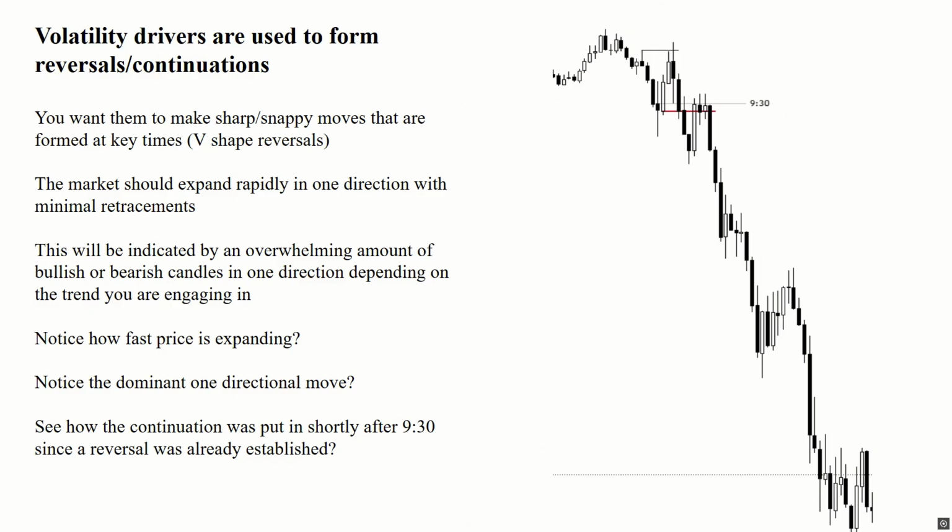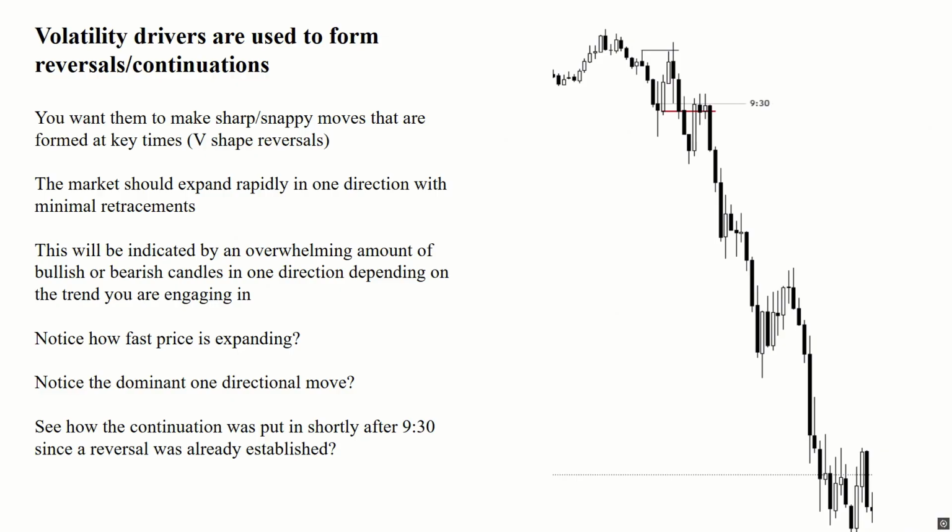Volatility drivers are used to form reversals and continuations. This is where we will get into those V-shaped signatures that I always talk to you guys about. Snappy rejection moves, those are the ones you want to be a part of. You want the drivers, so your 8:15, 8:30, 9:30, 10 a.m., and sometimes 9:45.